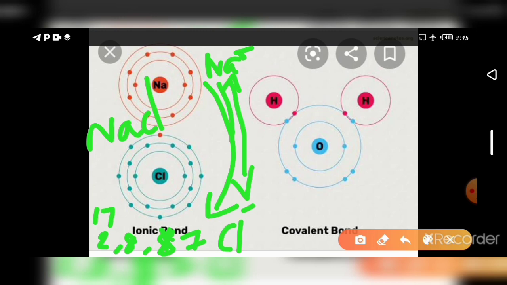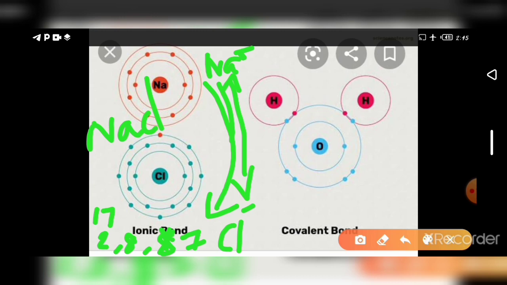Okay, now you see covalent bond. Here I have given H2O. The hydrogen has atomic number 1, so it has 1 electron, shown in pink color. The other hydrogen also has 1 electron, also pink. Oxygen has atomic number 8.